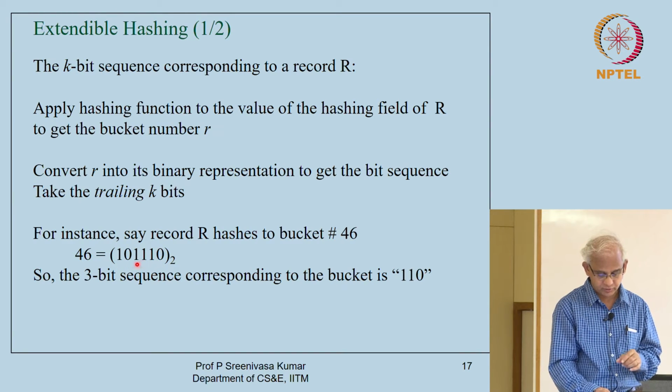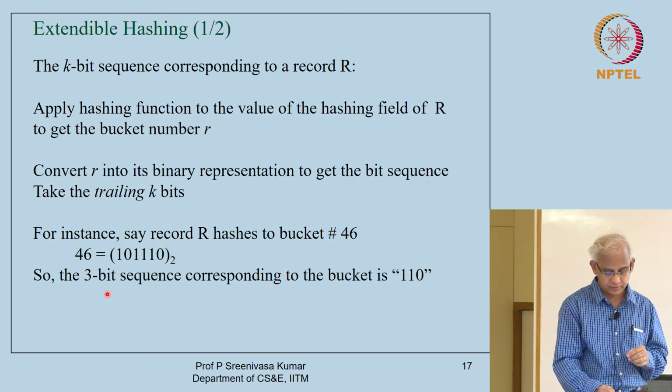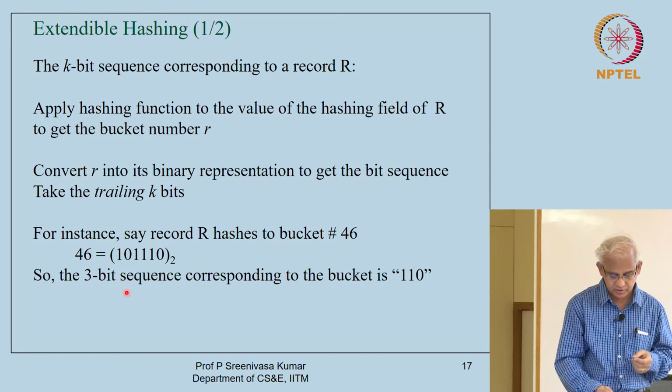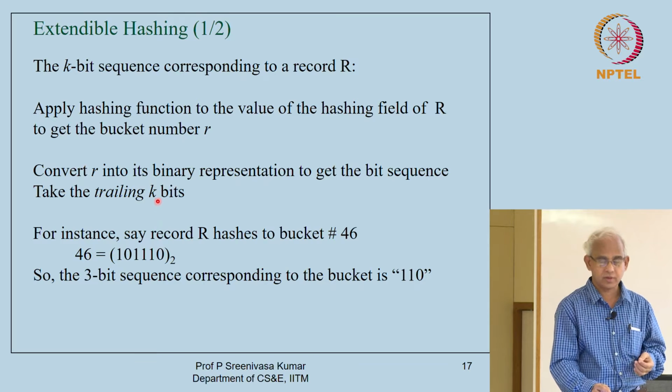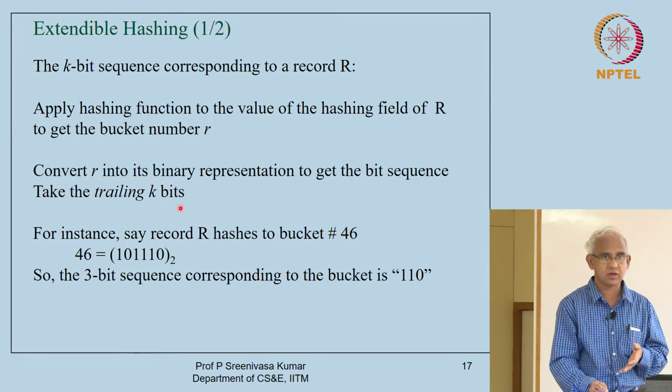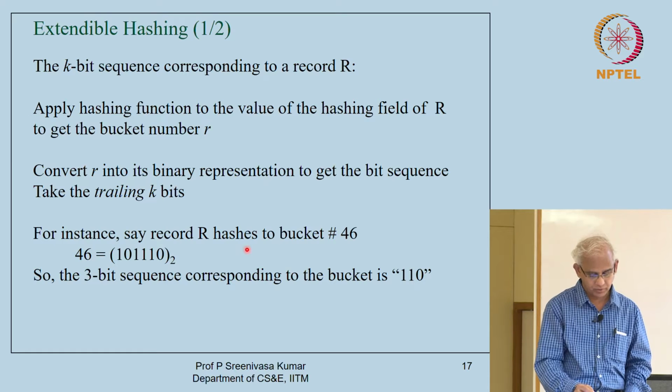A 4-bit sequence of course will be 1110, but depending on the requirement we will be using a d-bit sequence corresponding to this bucket. The important thing to remember here is that in this class we are taking trailing k bits.